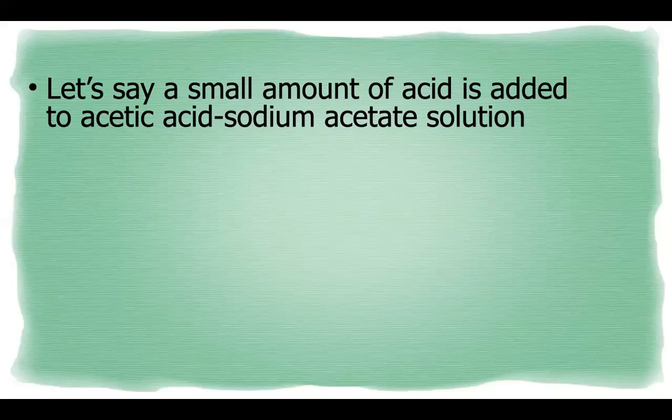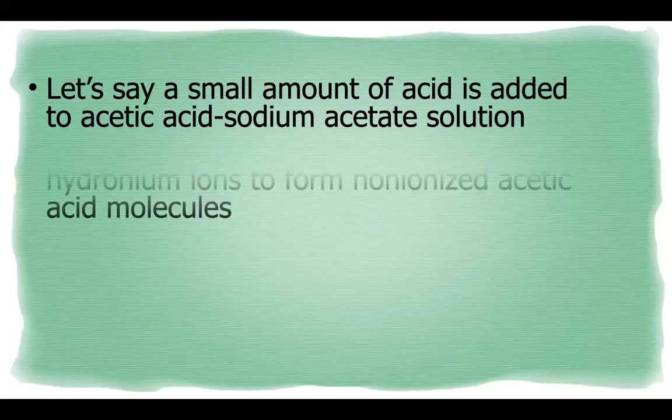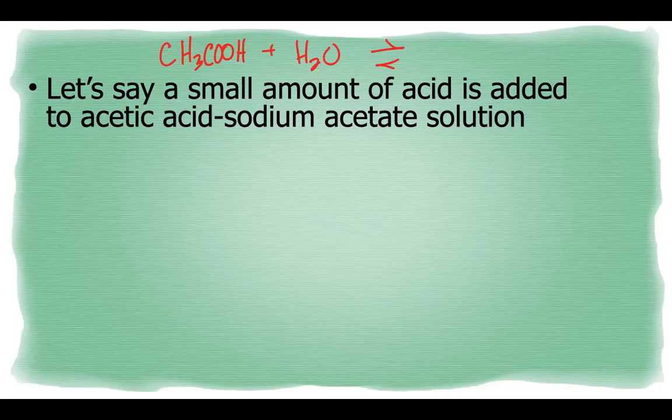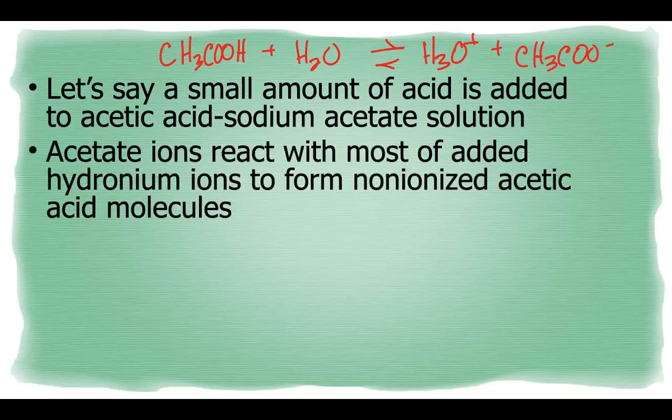Let's say a small amount of acid is added to the acetic acid sodium acetate solution. So I've got CH3COOH plus water yields H3O+ plus CH3COO-. Okay, so that's our equation.